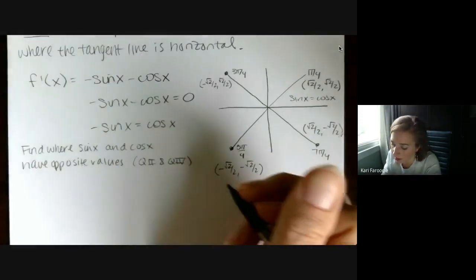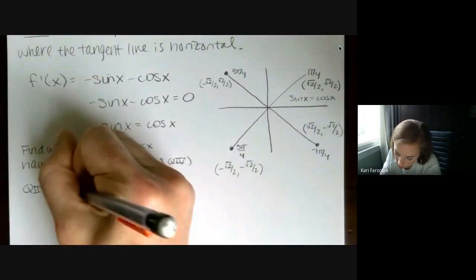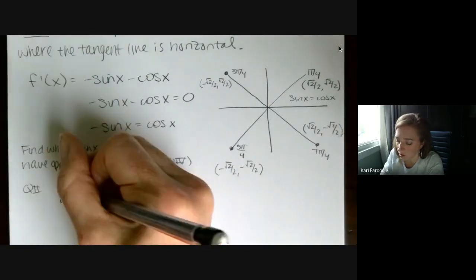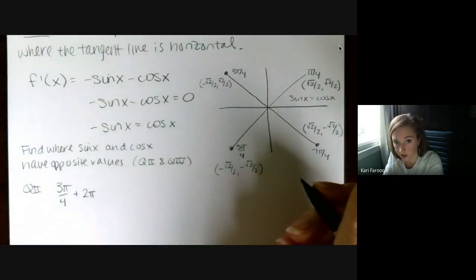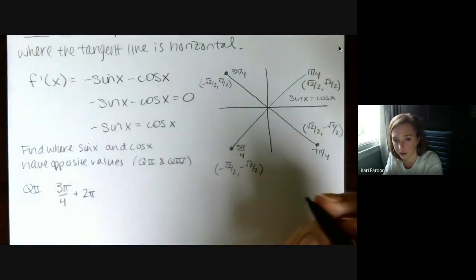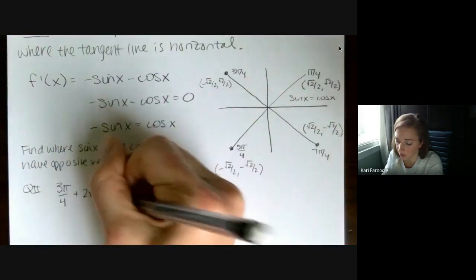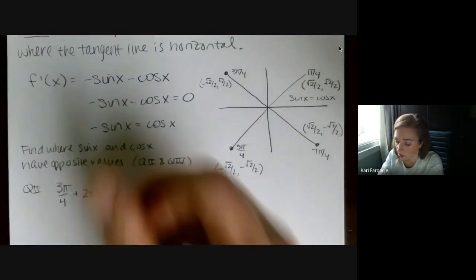Stay with me here. In quadrant 2, you would have told me that we have this angle in quadrant 2 where they have opposite signs. And we know that if we add 2 pi to that, they're still going to have opposite signs. And if we add 2 pi to that, they're still going to have opposite signs. So how you denoted that was you said plus 2 pi k, where k is an integer.